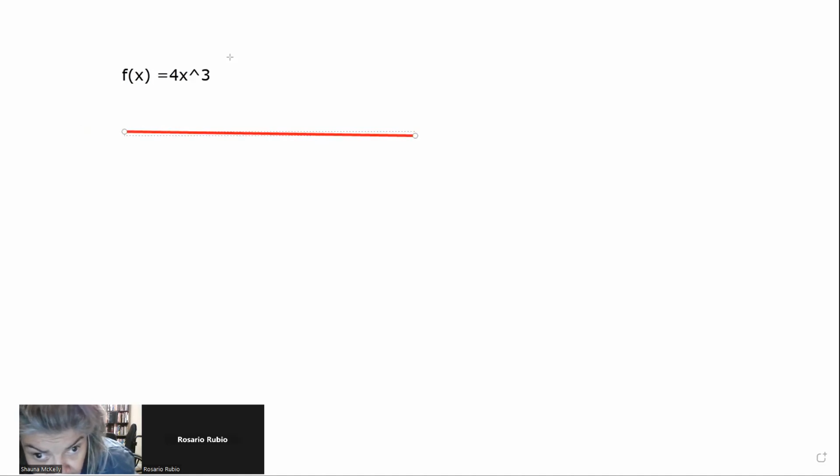So this is f of x1 plus delta x, minus f of x1, okay?